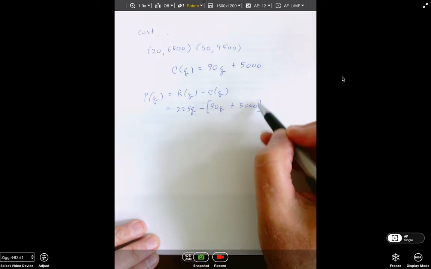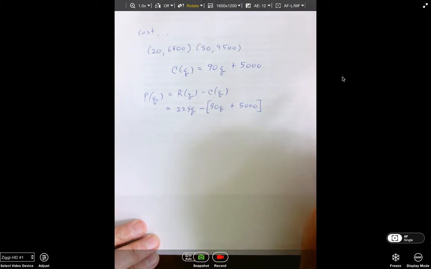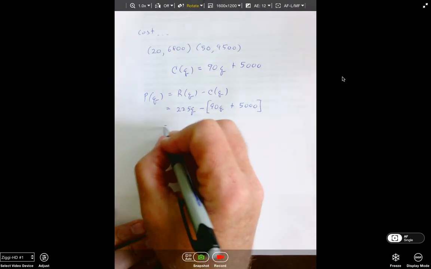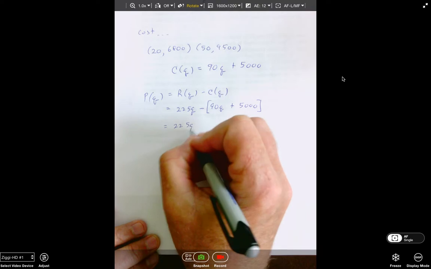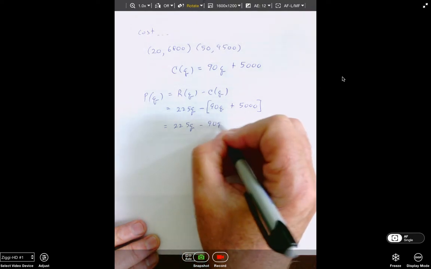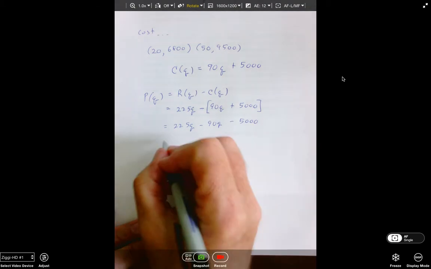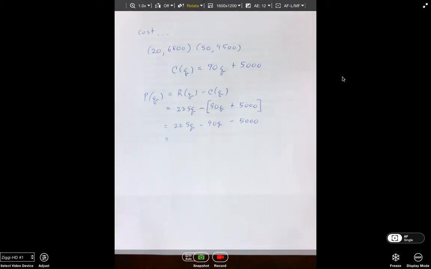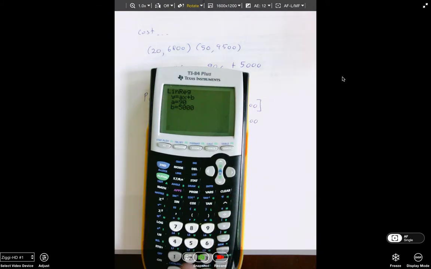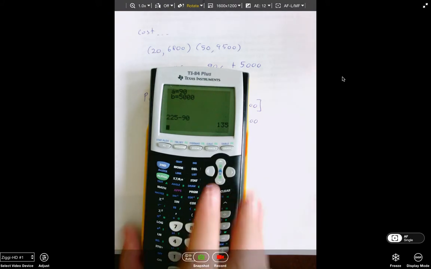So you have to use either parentheses or brackets or braces to make this happen. So it's just going to take one extra step, nothing too crazy. And 225 minus 90, I can do that in my head. Some of you can too, but just in case you can't, you see it's 135.